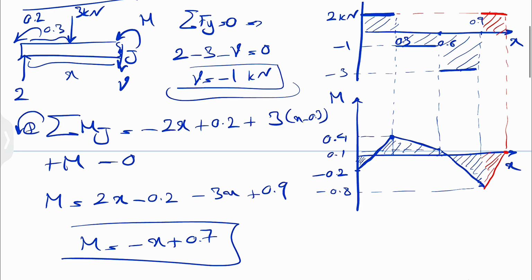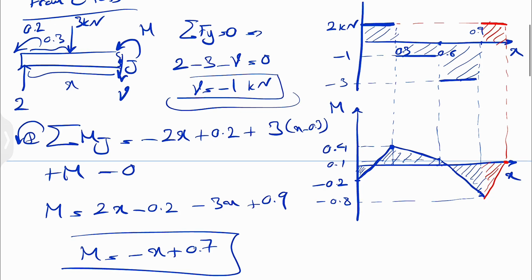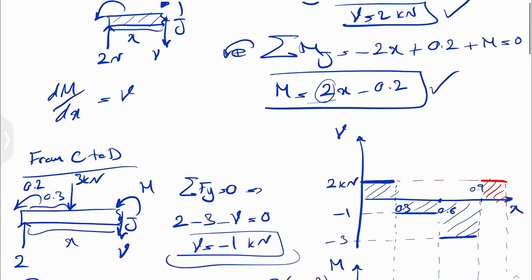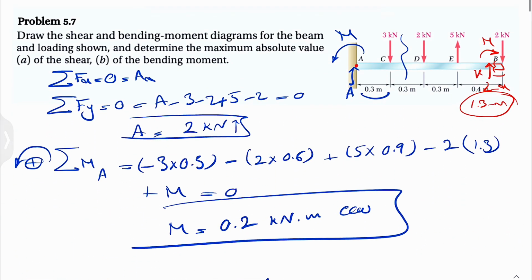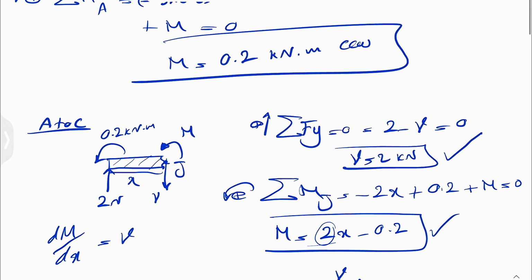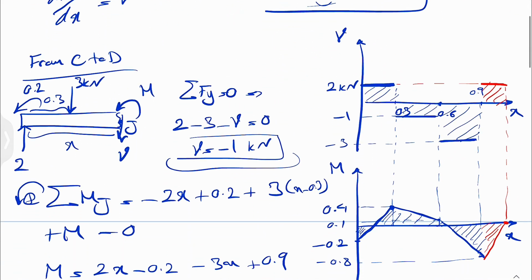One thing that we need to figure out in here: if we get back to the question, it's asking us to find the maximum of the shear and maximum of the bending moment. And obviously we're looking for the absolute value. So the negative sign doesn't matter in here. So we can see the maximum value of the shear is 3.